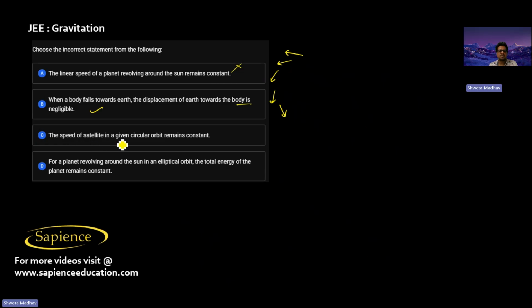The speed of a satellite in a given circular orbit remains constant. That is also true. The speed will obviously remain constant since orbital speed is given as root of GM by r, which always remains constant. For a planet revolving around the sun in an elliptical orbit, the total energy of the planet remains constant, which is also true. So only option A is the wrong statement. So option A is the correct answer.